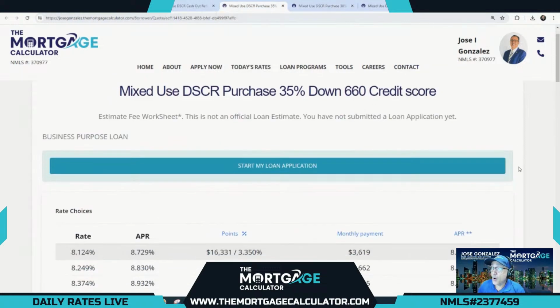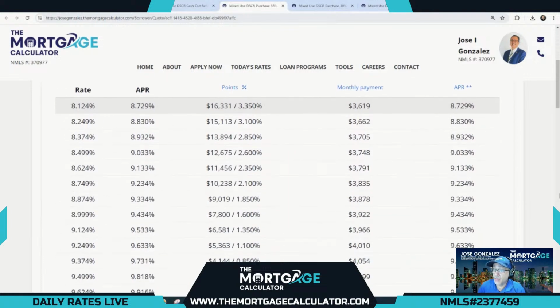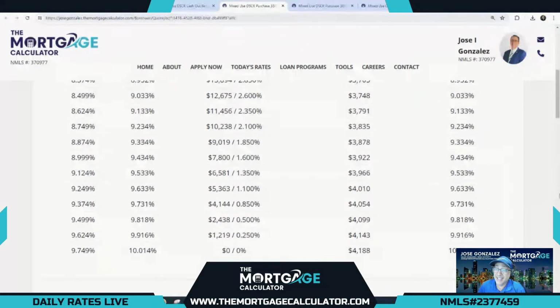And now our minimum credit score option with this product is 660. Now with a 660 credit score, which is very low for this offering, for any DSCR type offering, you're looking at 35% down or a maximum 65% loan to value. Now, due to the lower loan to value, it does offset any substantial rate or cost increases.